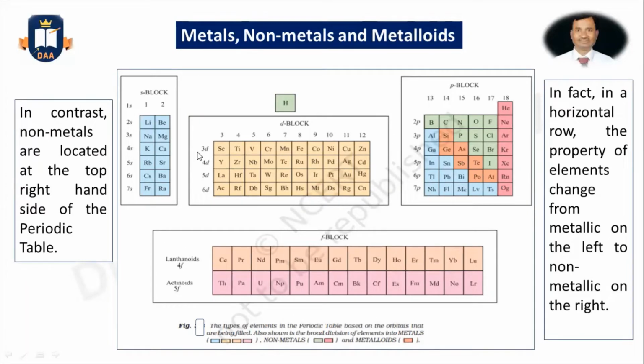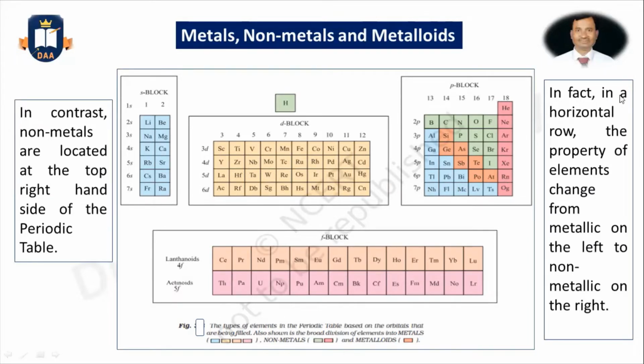Now we consider the nonmetals. Nonmetals are located at the top right hand side of the periodic table. Group number 18 and group number 17, these all are classified as nonmetals.